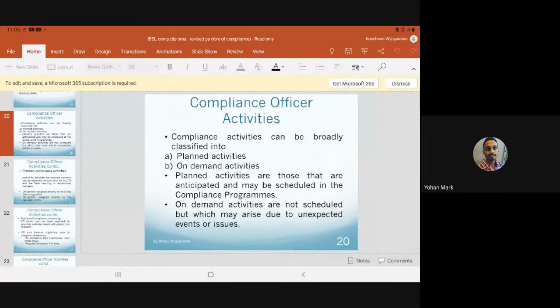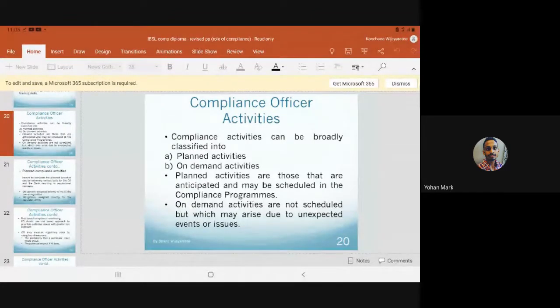On-demand activities are the ones that are not so scheduled. They can arise as and when the need crops up. For example, suppose there is a new product being launched by the bank. Compliance will have to go through the product features and give compliance clearance that the product is compliant. So it can be an unplanned or on-demand activity.